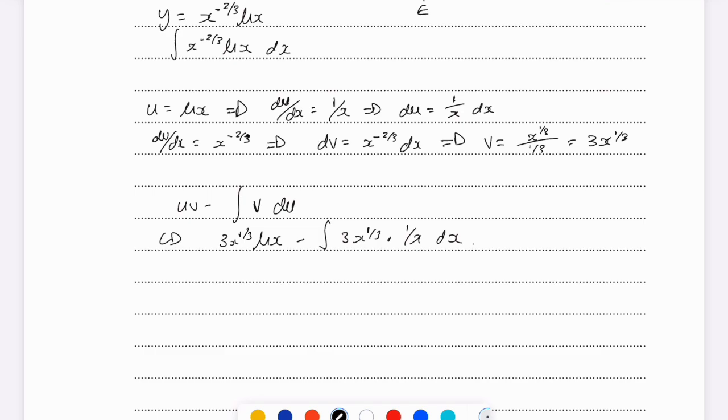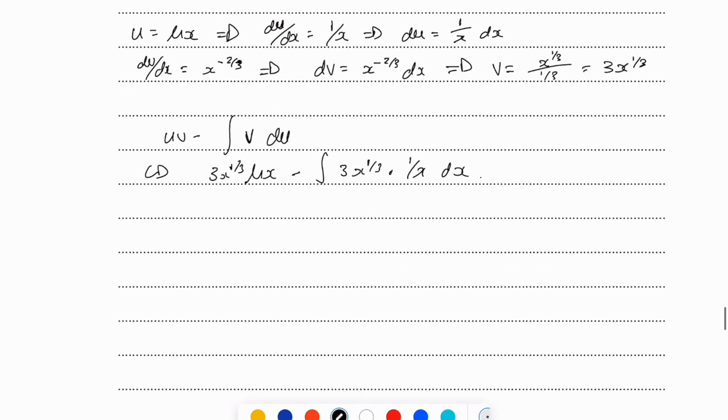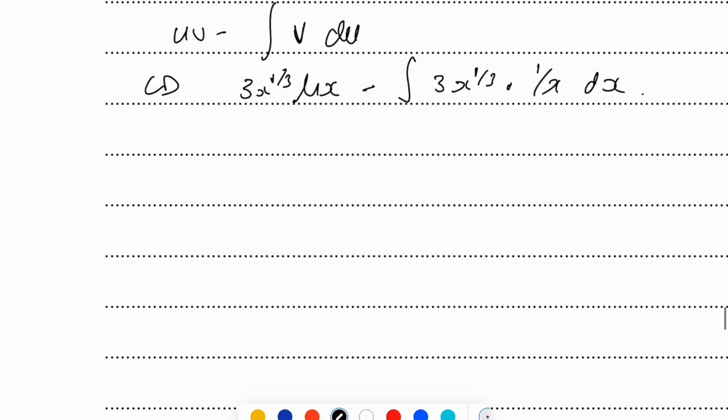So from here we can say that we get 3x to a third ln x minus 3 times the integral of x to the negative 2 over 3 dx.